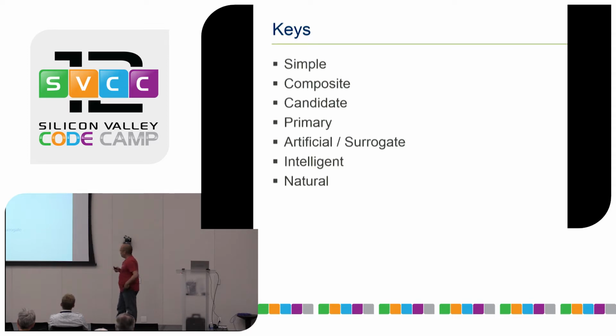Okay. So what's a primary key? What's the difference between a primary key and a candidate key? A primary key is a key that was chosen by the database designer among all candidate keys to represent the relation in front of all the other relations in the database.